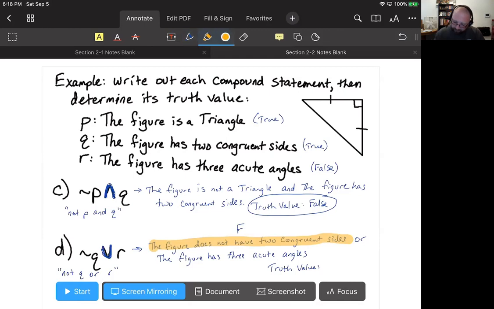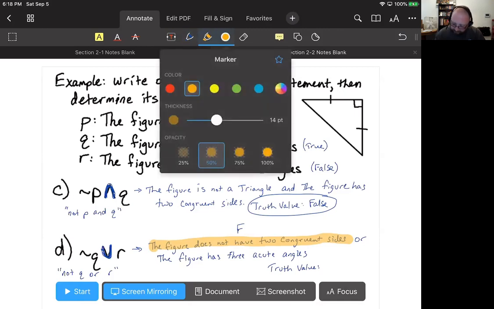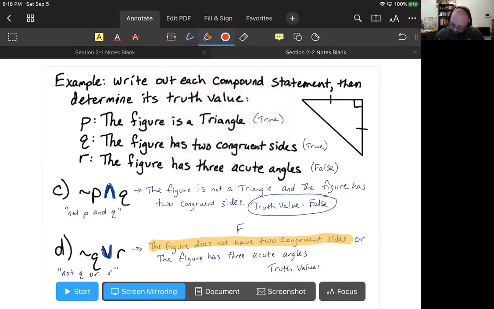The second part of the statement might save us. Let's have a look at that. It says the figure has 3 acute angles. No, it doesn't. That part is also false. So since both parts are false, the truth value of the entire statement is false.